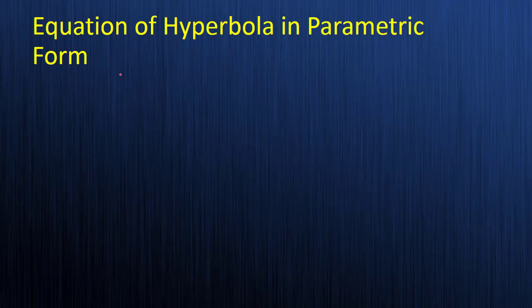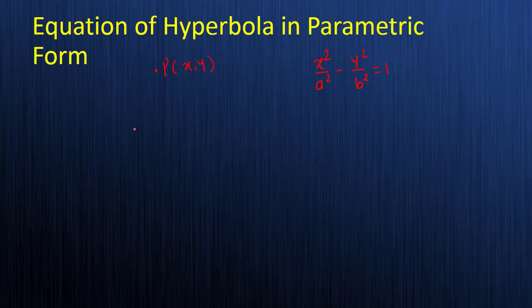Suppose I take one point P(x, y). What are the values of x and y such that it satisfies the equation of the hyperbola? The equation of the hyperbola is x square by a square minus y square by b square equals 1. So I have to find such values of x and y which satisfy this equation.